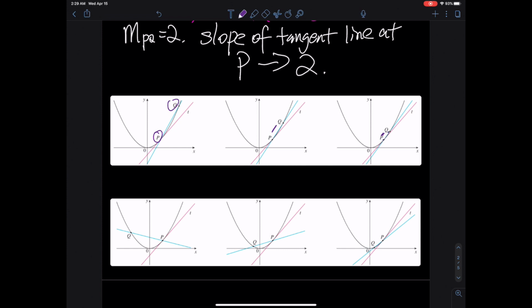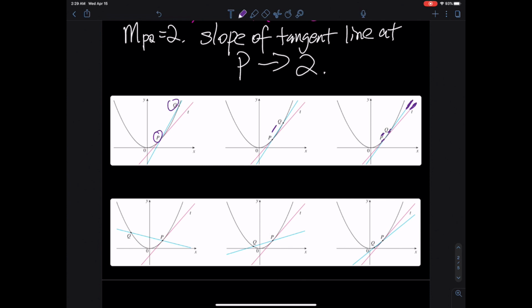When these 2 points are so close, the blue line is very similar to the red line. The secant line is now intersecting 1 point because the secant line eventually becomes a tangent line.